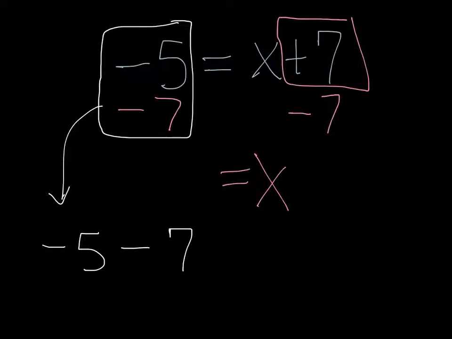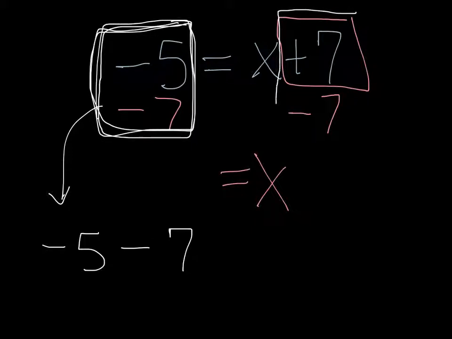What do we do? Remember, think of these two guys as if we're adding them together. Because remember, if we add a positive 7 and a negative 7, we get 0. So if we add a -5 and a -7, what do we get? Do you see it now?